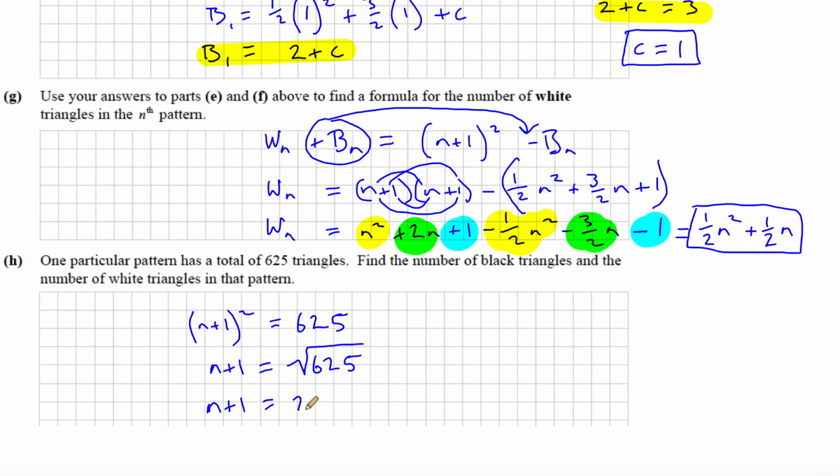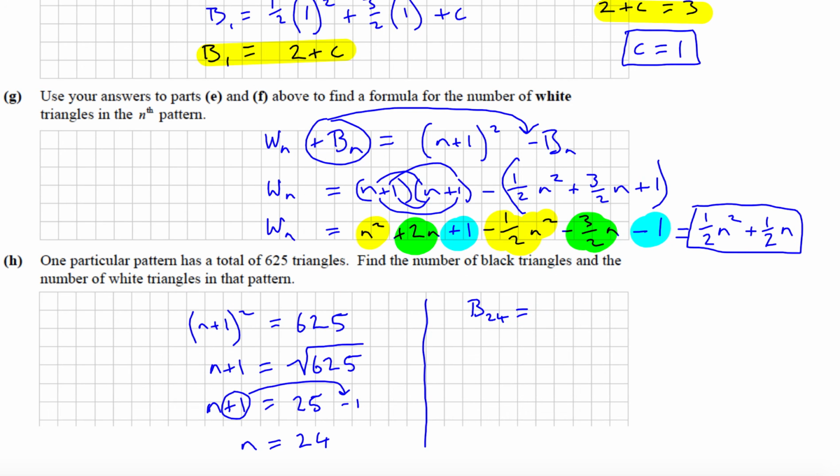So it's just 25. And we bring the plus 1 over here, it becomes a minus 1, so we find finally that n is 24. So it's the 24th pattern we're considering, and the question is find the number of black triangles. So we're looking for B24, and then after we'll do the white triangles.